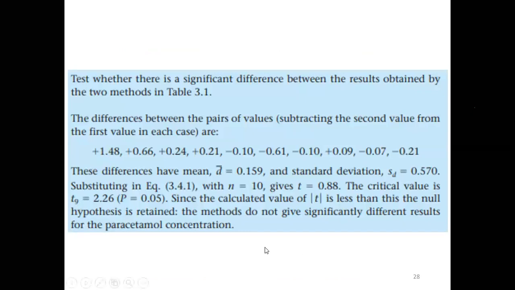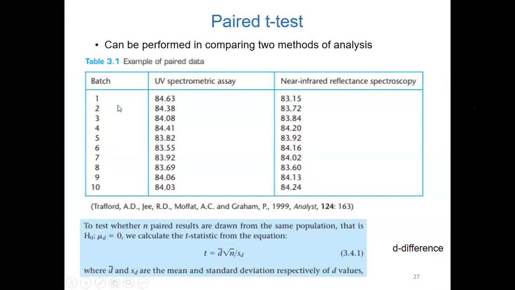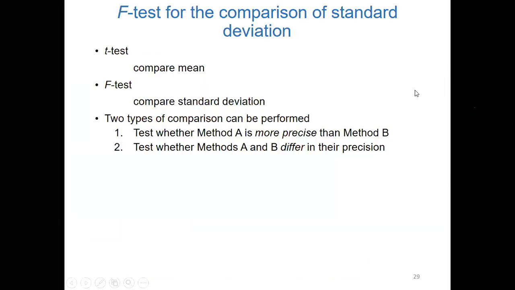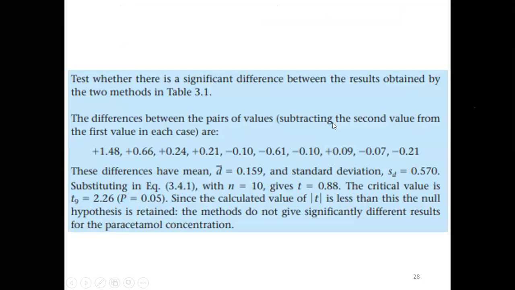Test whether there is a significant difference between the results obtained by the two methods. So we have to test whether the results shown in this table have a significant difference or not. Now we have to find D, the difference. Subtract the second value from the first value in each case. So always keep consistency.